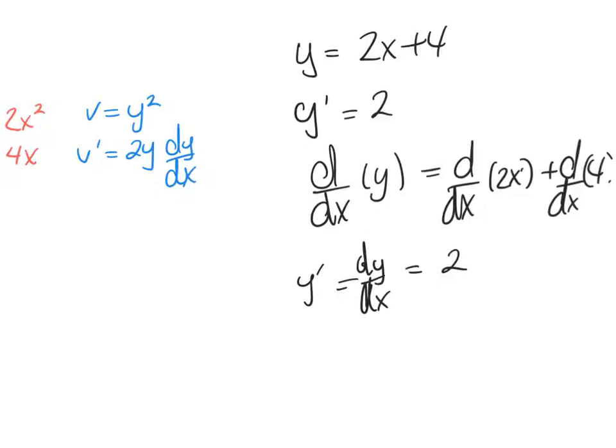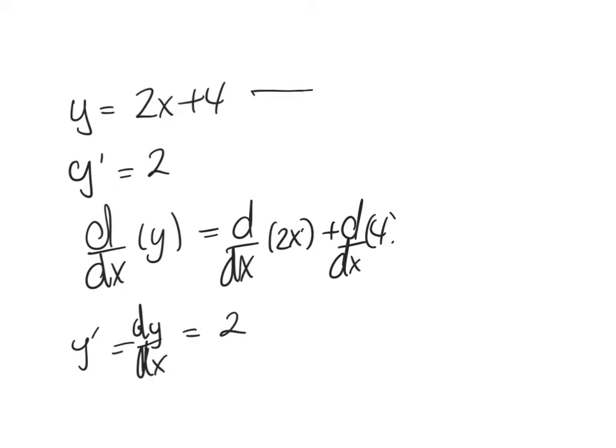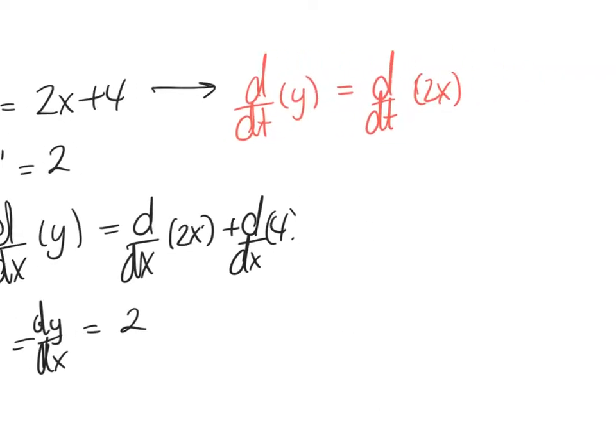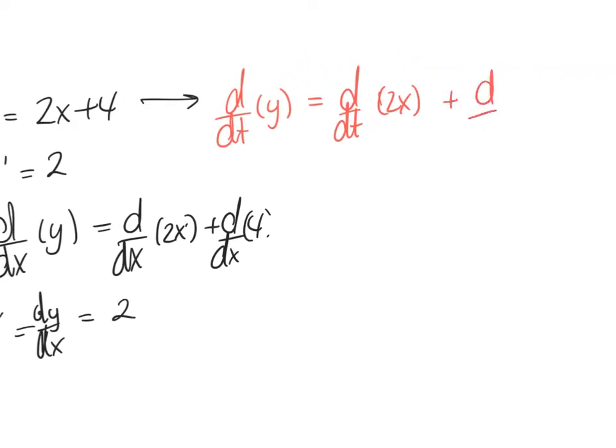So if I do this derivative with respect to t, the derivative with respect to t of y is the derivative with respect to t of 2x plus the derivative with respect to t of 4.